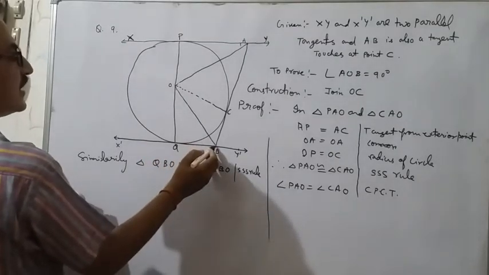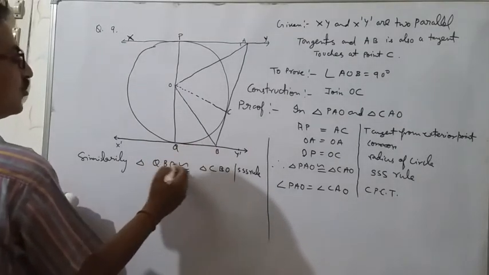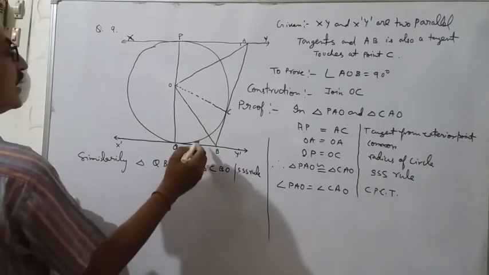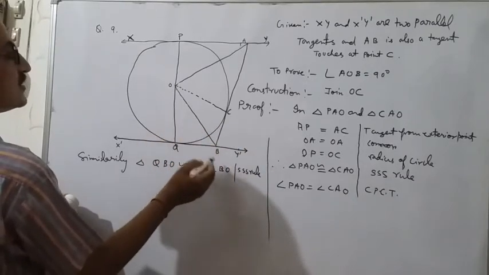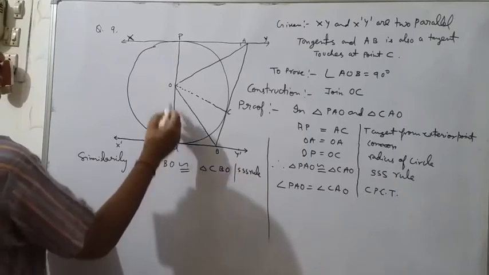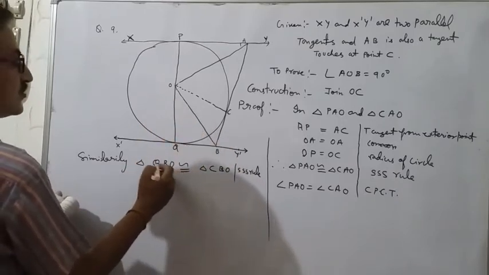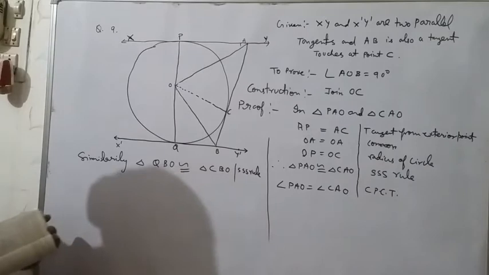This is again tangents from an exterior point: QB equals CB, OB equals OB which is common, and OQ and OC are both radii. So they are congruent.